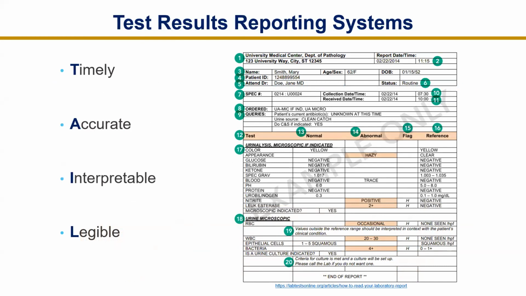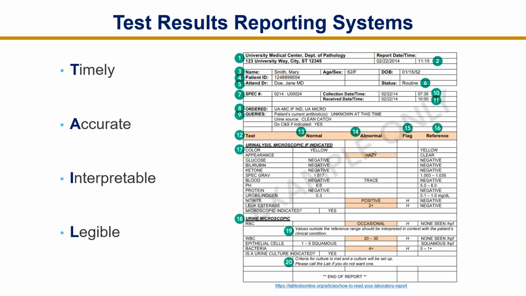As we've briefly touched on in the previous slide, at the end of the day, the function of a lab is to produce results, and the way you deliver it is very important, and it really is the image of the lab.